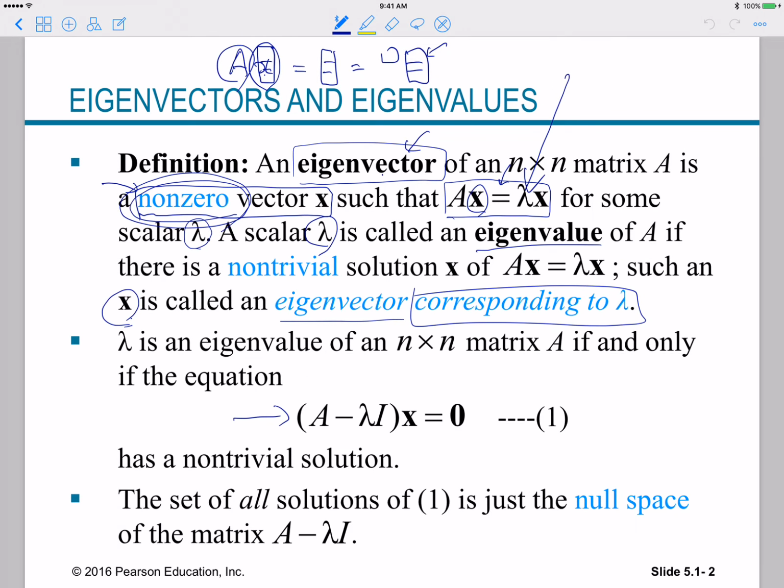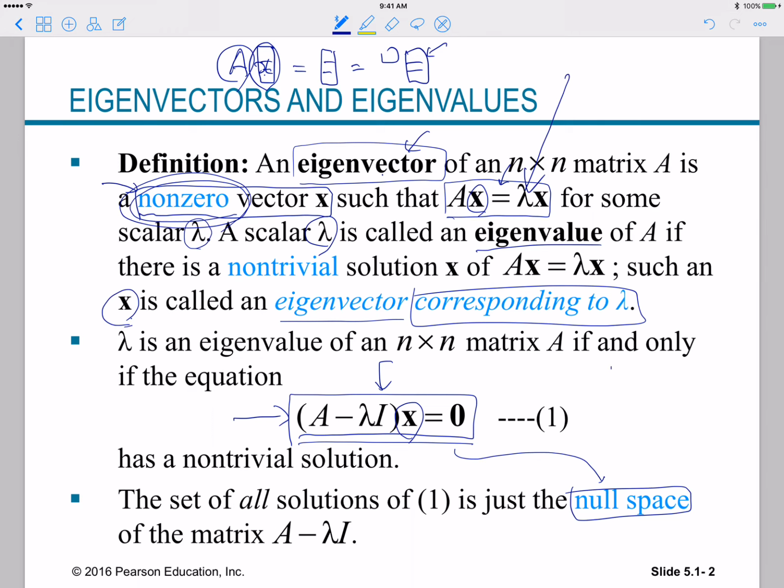Okay, so back to the slide. We are solving this equation, and the vector x, or eigenvector, that we obtain from here is actually also called the null space, right?